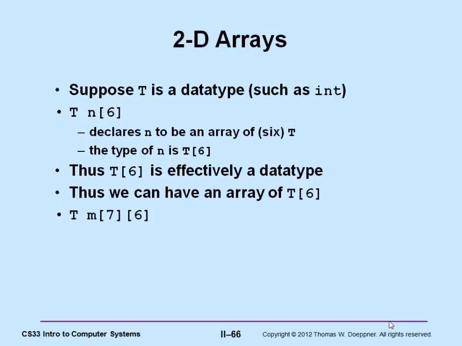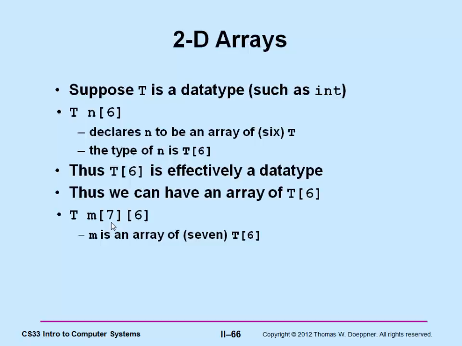So if I want an array of 7 of this t of 6, I would write it out this way. And so this isn't exactly how you'd expect to do it. It's an array of 7 t of 6, so the 7 actually goes here. It's the array index closest to m. The way you think about this is that array index is an operator, and the precedence of these operators is that you apply the one closest to the variable name first.